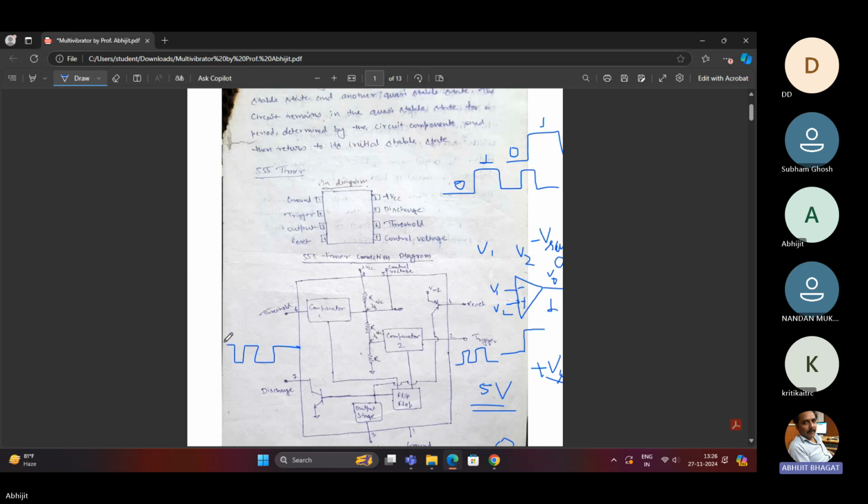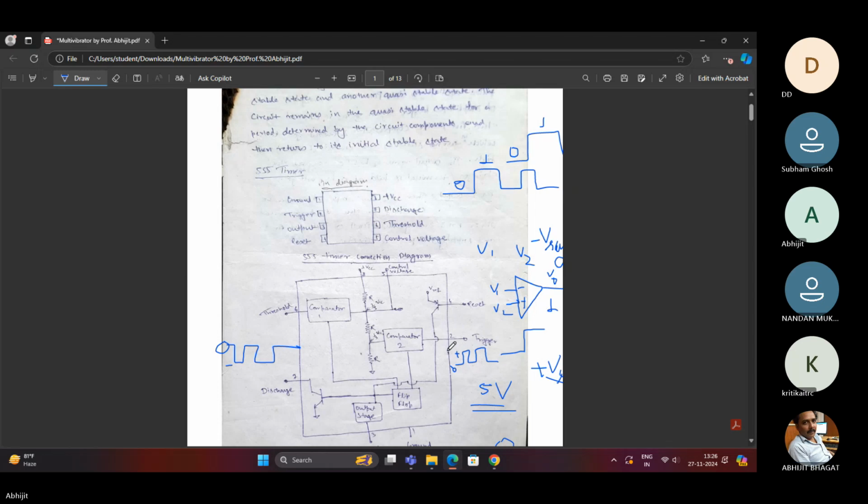This is the 0 line and the variation is in positive, so this is a positive trigger. This is a negative trigger. From the trigger terminal, you apply the trigger voltage. Whatever trigger voltage is applied is compared with this terminal voltage, and according to that, your output is changed or generated.